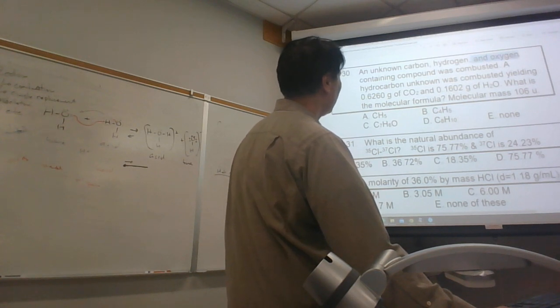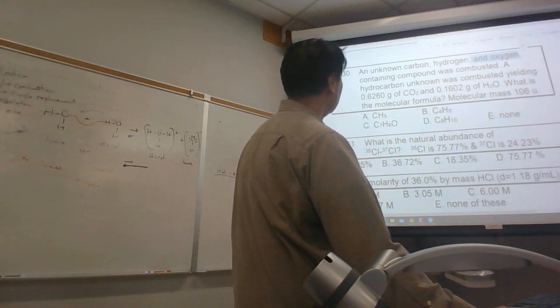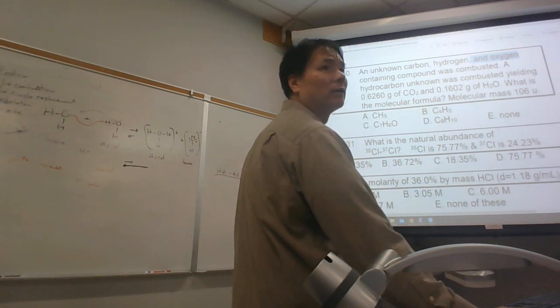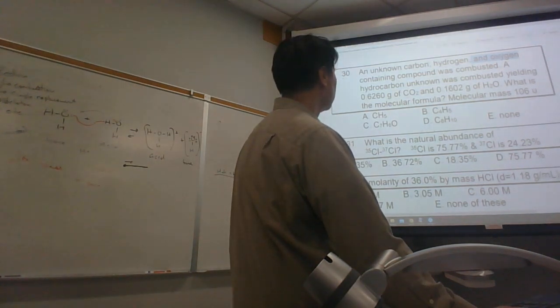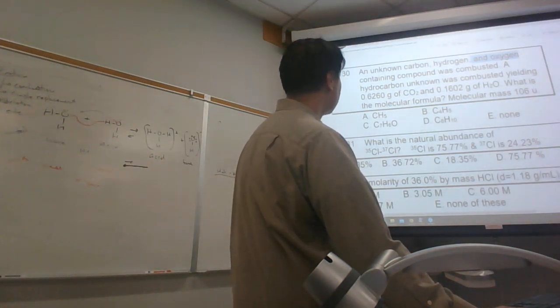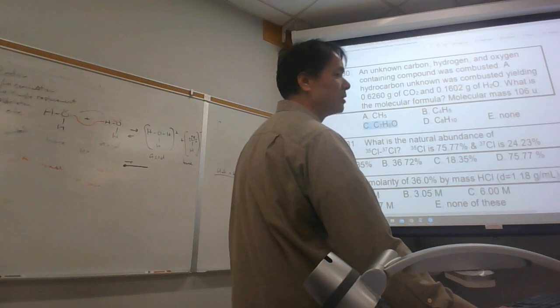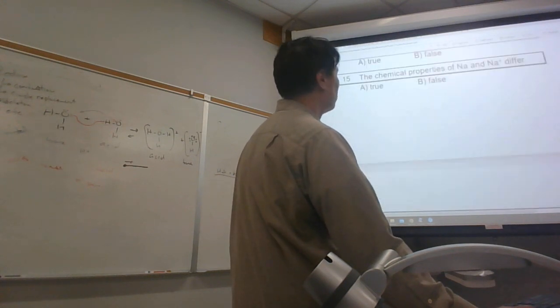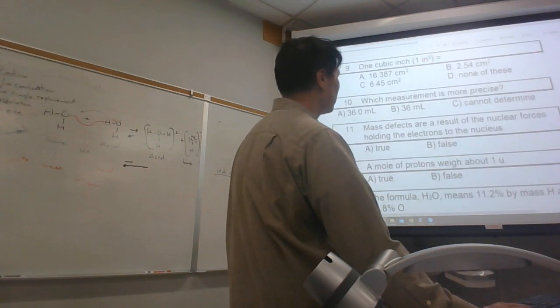So eliminate the oxygen here. An unknown carbon and hydrogen compound was combusted. Okay. No oxygen. So automatically C, we can eliminate it because there's no oxygen. If there were oxygen, I'd have to tell you the total mass of the compound.